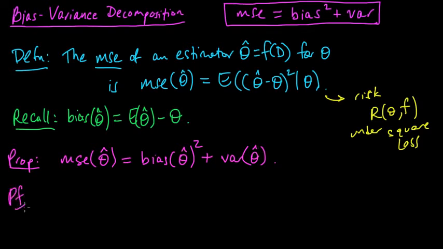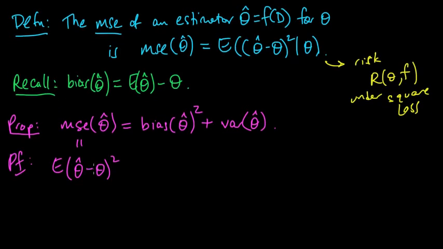So let's prove this. It's really simple to prove, actually. Let's just write it out. I'm going to drop the conditioning on theta, just to clean things up a little bit and simplify the notation slightly. So it's the expected value of this difference, just the expected value over the data, not over theta, just to be clear. And let's introduce mu to be the expected value of theta hat.